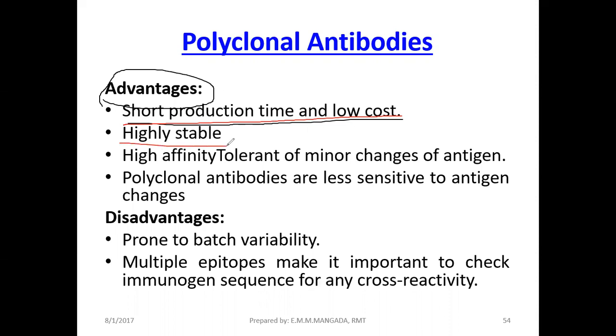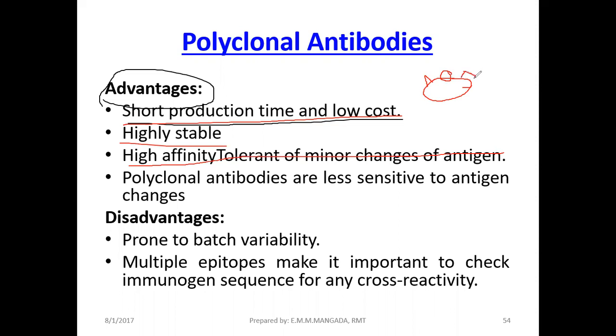It's highly stable, high affinity, and of course, it's tolerant of minor changes of antigen. Anong ibig sabihin nito, guys? Naalala nyo, sa polyclonal antibody, pwedeng ganyan yung antigen, pwedeng ganyan, or pwedeng ganyan.